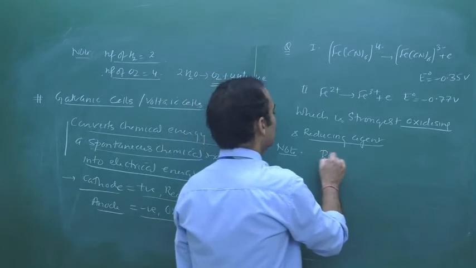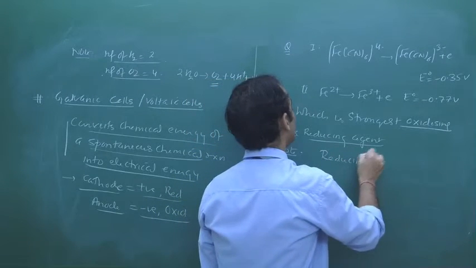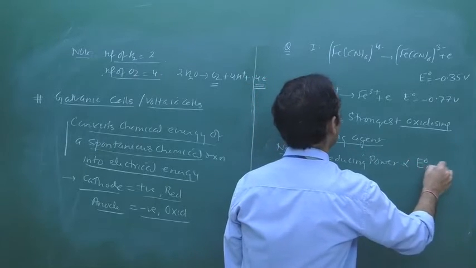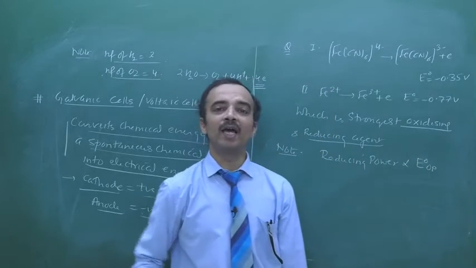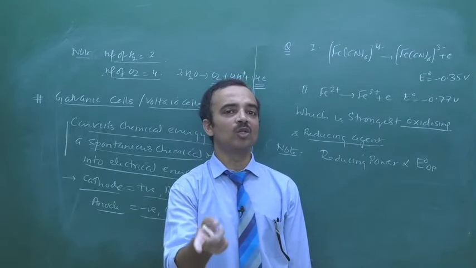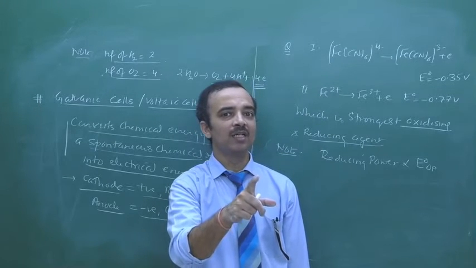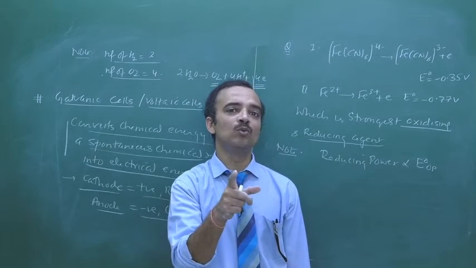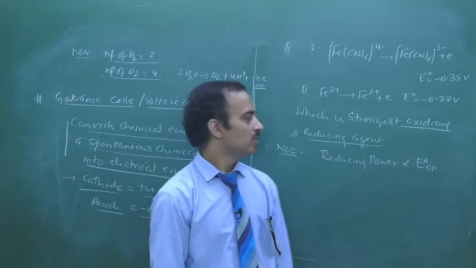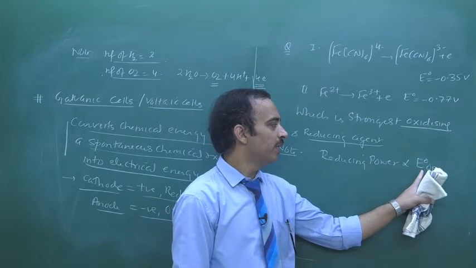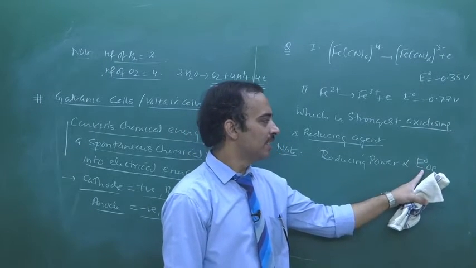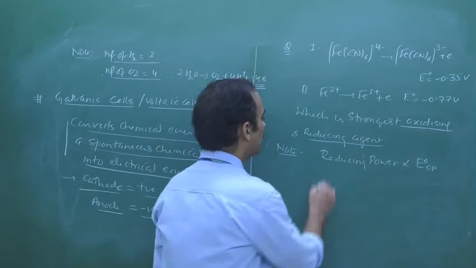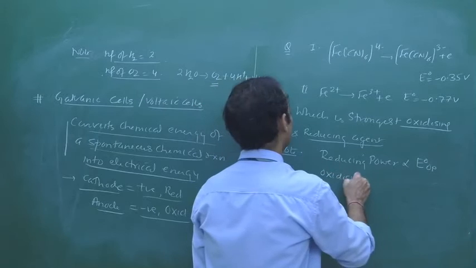We can say reducing power is proportional to E naught OP. The one having more E naught OP will get oxidized easily, and if it gets oxidized easily, then it will reduce others easily.